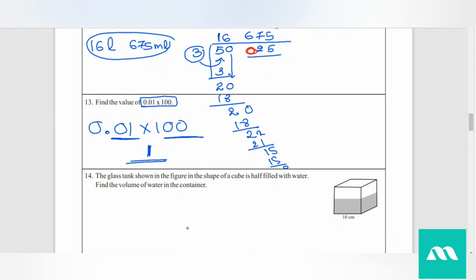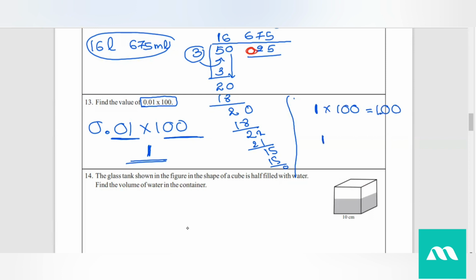Or there's another method where we can forget about the decimal places and multiply. When you forget the decimal places, it is 1 into 100. 1 into 100 means it is 100. Then separate the decimal places, it is 1 point.